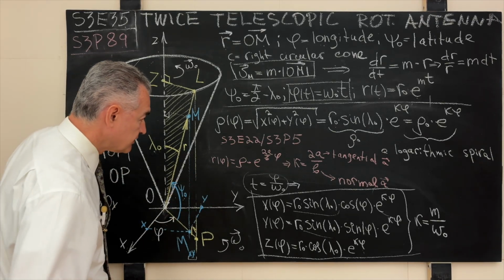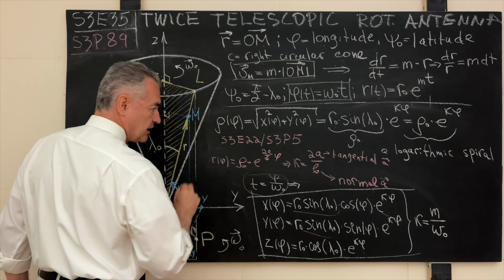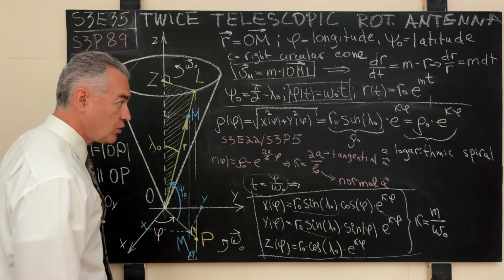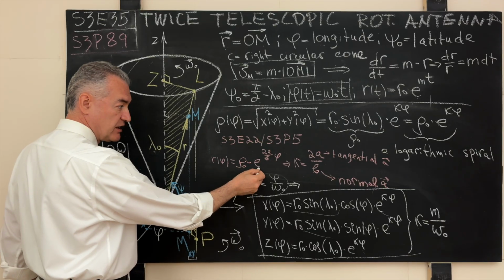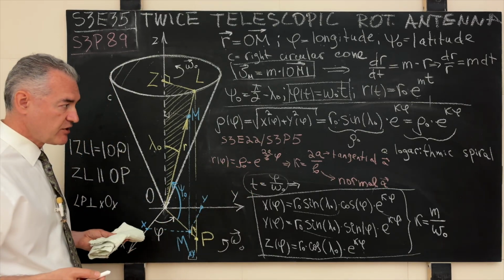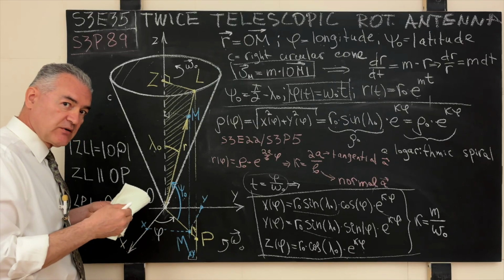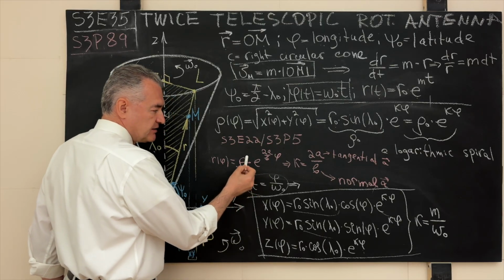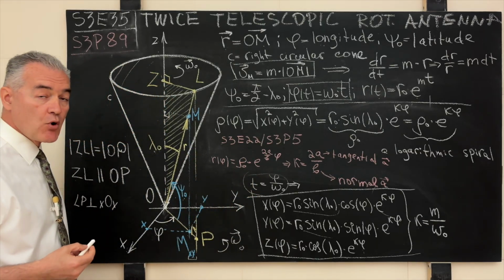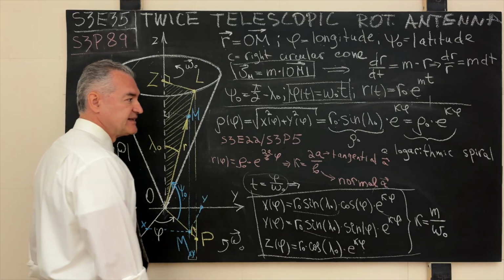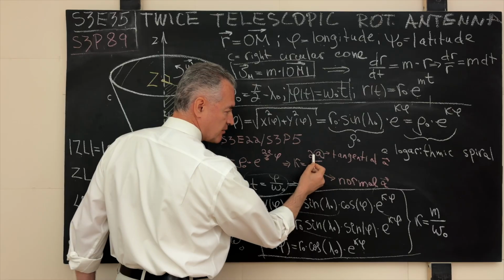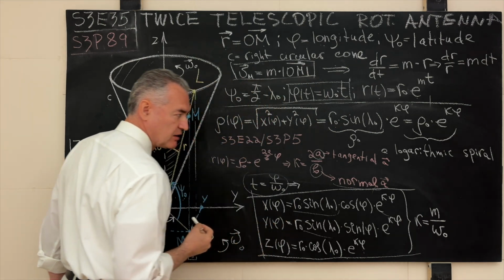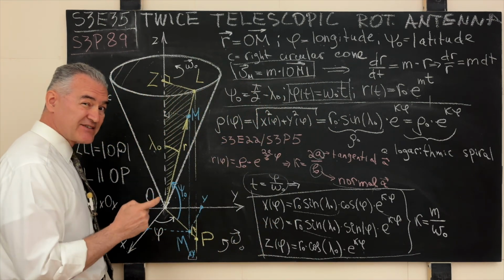Here we have to put the index 0 also, and remember that in the physics problem S3E35, we actually also arrived at the equation of a logarithmic spiral, but from a different perspective, from the perspective of a physicist, where we stated that the sample point is executing a motion in the plane in such a way that its tangential acceleration, captured with the lowercase a, and its normal acceleration, captured with the constant b, are constant non-zero numbers.